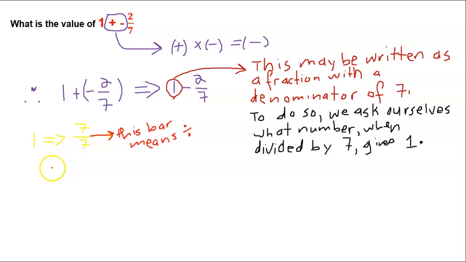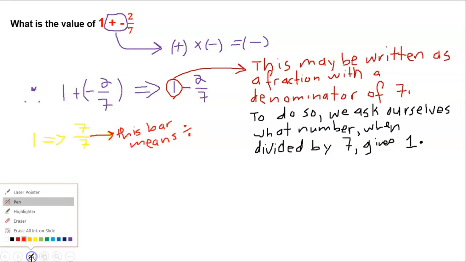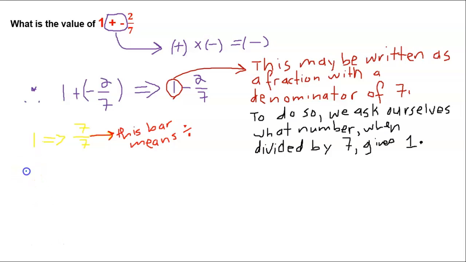So because this is true, 1 subtract 2 sevenths is the same as 7 over 7, or 7 sevenths, subtract 2 sevenths, or 2 over 7.